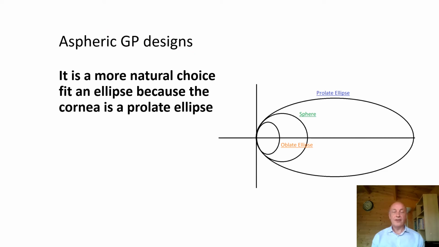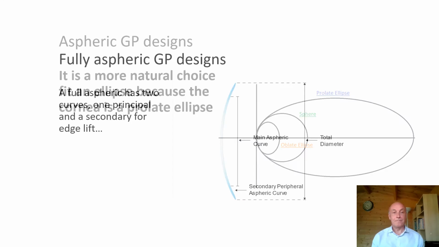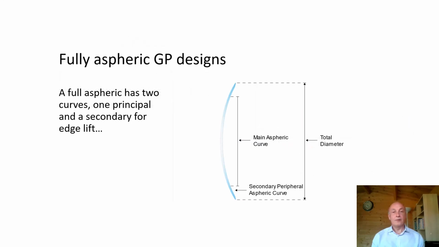Now, aspheric designed gas permeable lenses have become very popular over the last few years. And this is because the cornea is a prolate ellipse, so therefore it makes much more sense to fit an elliptical cornea with an aspheric elliptical lens. So a full aspheric design essentially has two main curves, the main aspheric curve to match the corneal contour and a secondary curve which contains the edge lift.